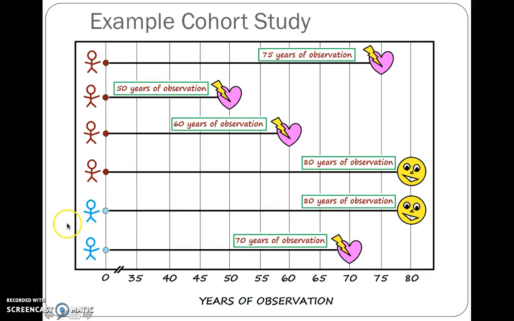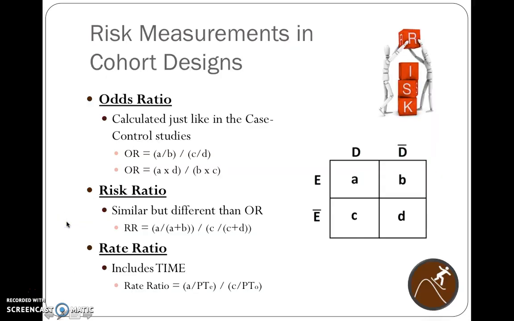So there's a lot of different types of statistics that can be done on cohort studies pretty easily later on in the class. Many folks know, hopefully from your epidemiology class, how to calculate an odds ratio, how to calculate a risk ratio, how to calculate a rate ratio.